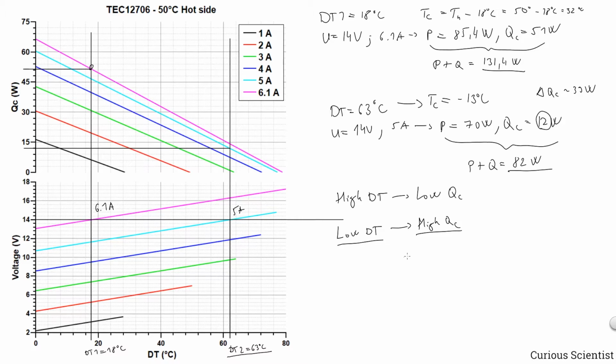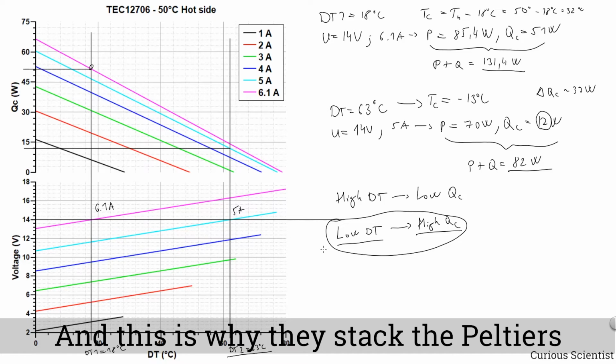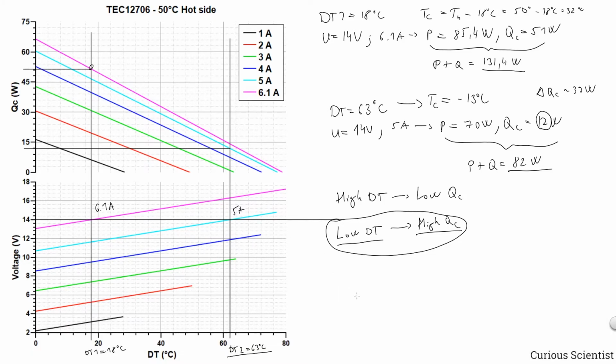So that means that if you want to use this kind of approach, so you want to cool something, you already have to have a very cold hot side. So for example, let's base our discussion on this chart.